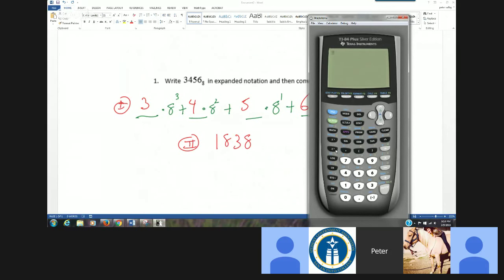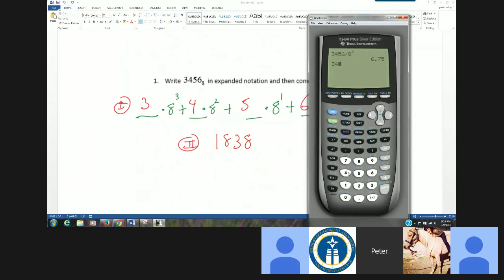Okay, so what I would do is I'd say, well, 3,456. I know 64 is smaller. You know, I might not know 8 cubed. Let's see if 8 cubed goes in there. So 8 cubed goes in there 6 times with a little bit of leftover. Would 8 to the 4th go in there?